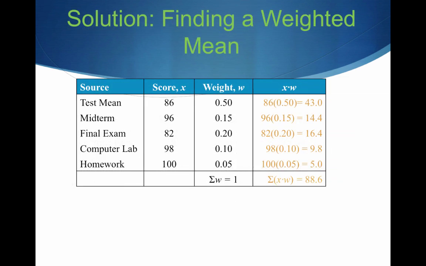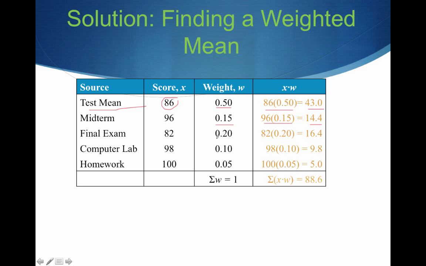Going back to our problem, the test average has a weight of 0.5, so we multiply 86 times 0.5 to get 43. The midterm carries a weight of 15%, so we take 96 times 0.15 to get 14.4.